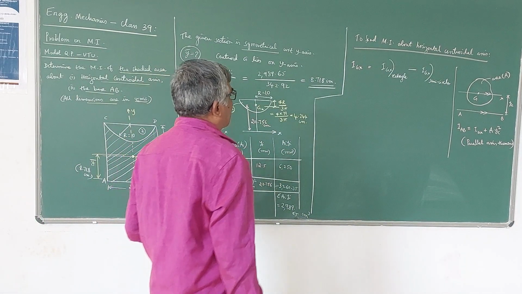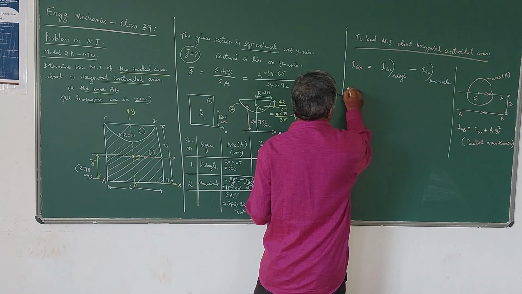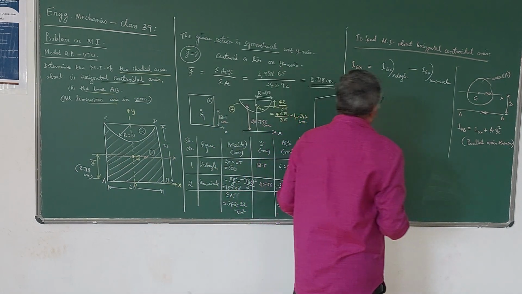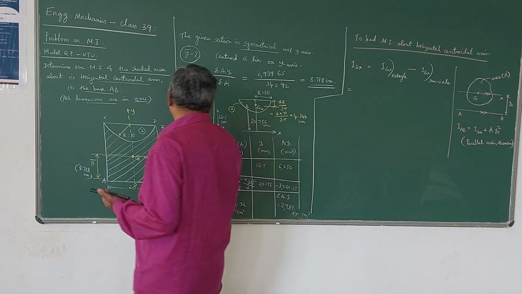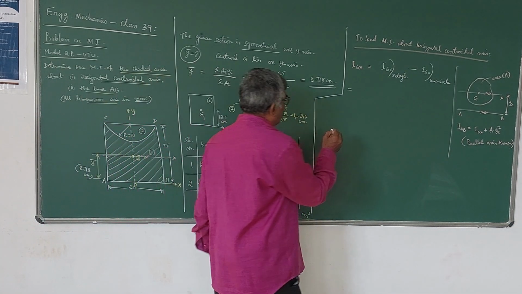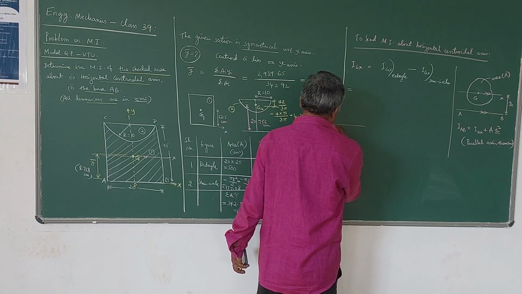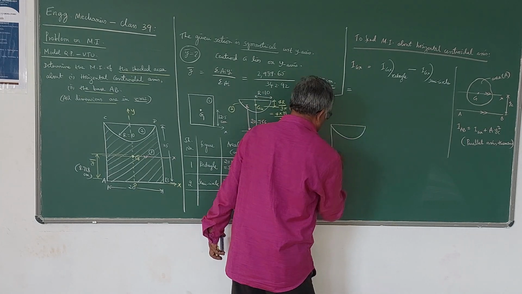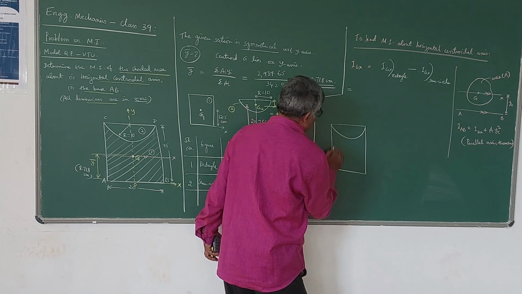Now IGX of rectangle I will write using this parallel axis theorem. I will draw one more diagram so that you can easily understand. This is the semicircle portion, this is the rectangle portion.